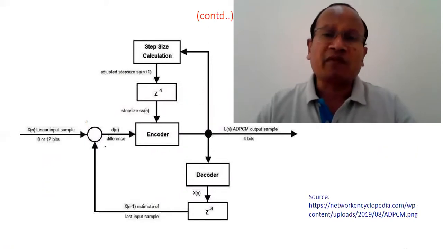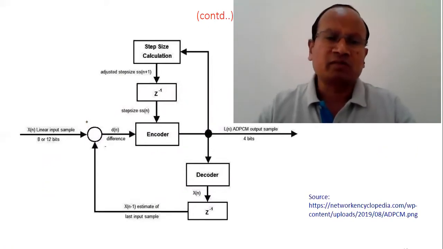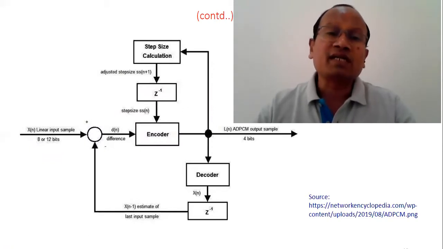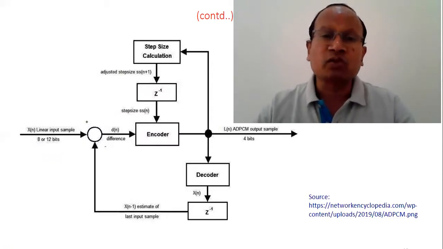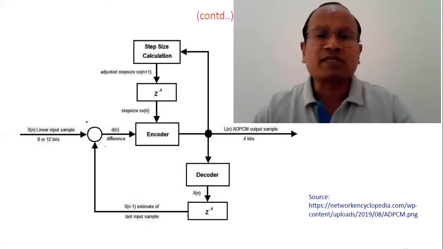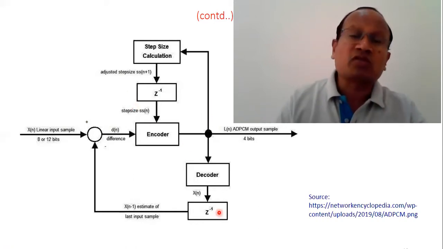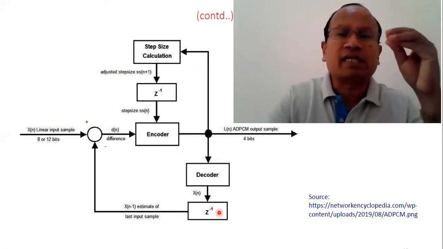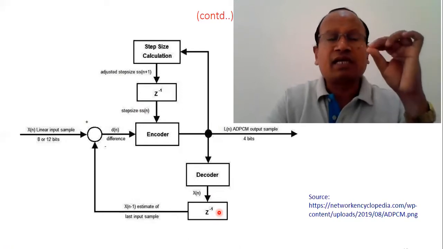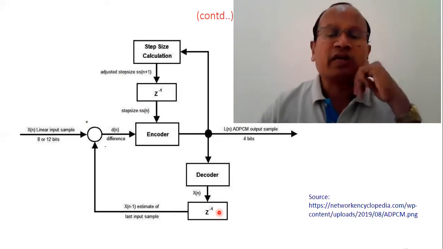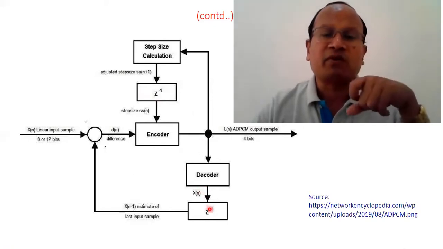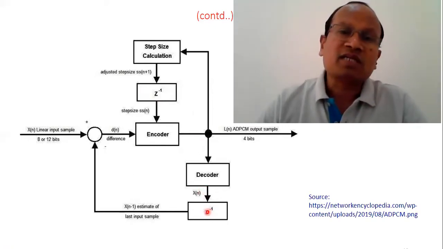This is one more simplified block diagram of the ADPCM in terms of the Z transform. Z transforms are used, especially the inverse Z operator, Z minus 1, and in the time domain it indicates the delay. Is that clear? Delay means the previous sample. So in order to get the previous sample, we use the inverse Z transform.